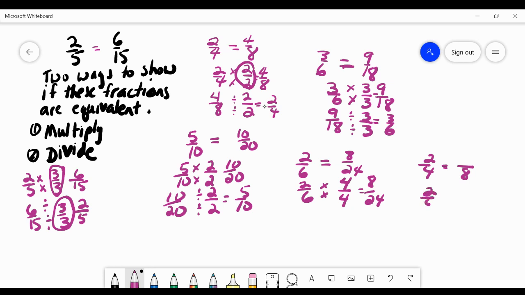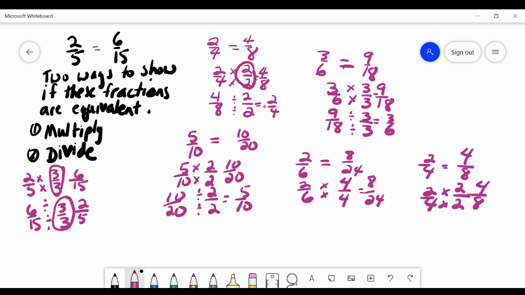So you would go 2/4 times something over 8. 4 times what will give me 8? 2. So whatever you multiply the denominator by, you'd have to multiply the numerator by it. So 4 times 2 is 8, and 2 times 2 is 4. So in order to find this numerator, you would have had to multiply by a fraction that's equivalent to 1, which is 2/2. So your answer is 4/8.